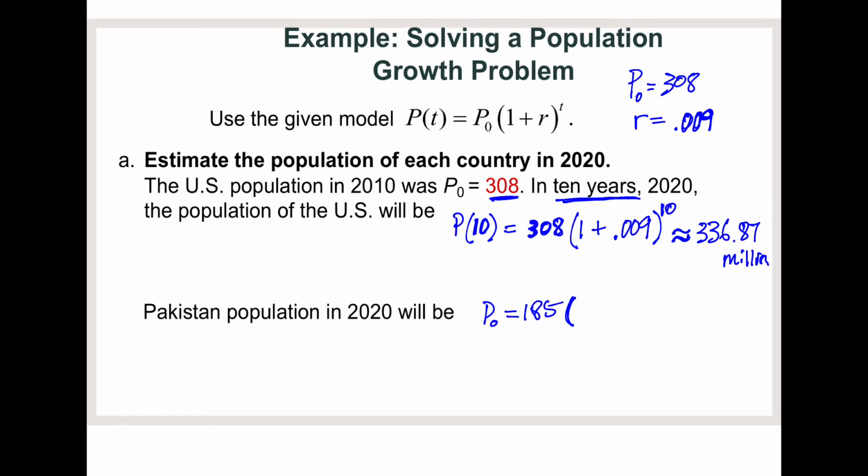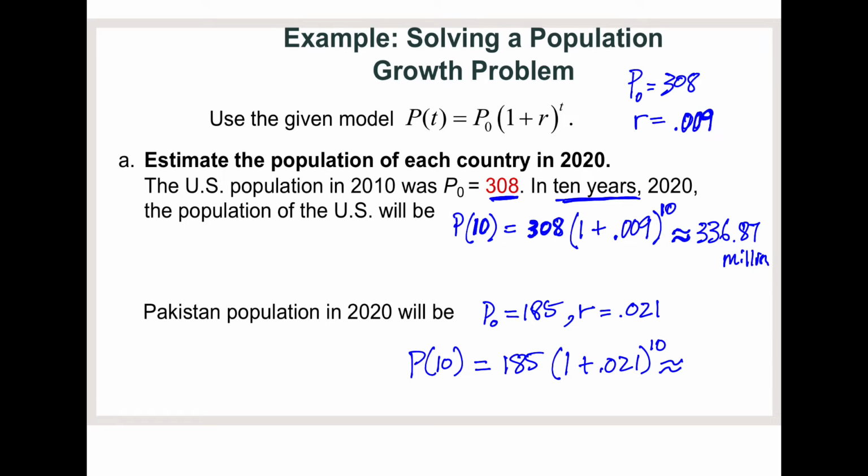I just was writing out the values of my variables. Our R in this case is 2.1%, so 0.021. And so let's find the P sub 10 for Pakistan, starting at 185, times 1 plus 0.021, in parentheses, raised to the 10th power, and we'll do our comparison there.